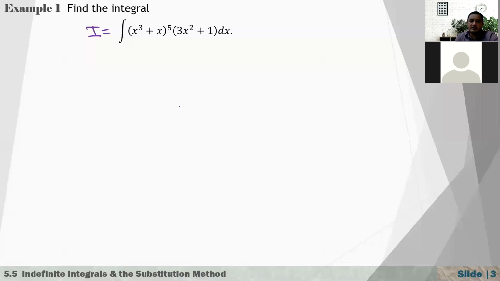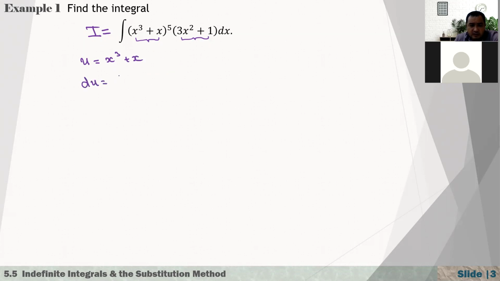Suppose that this integral is I. And if you notice here, if you just differentiate this function, it gives us this function. Now suppose that I introduce this variable: u is equal to x cubed plus x, right? Now from here, what is du? What is the differential of u?